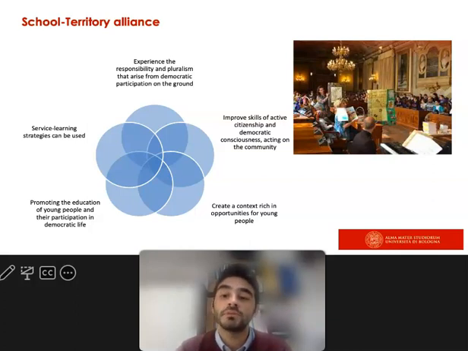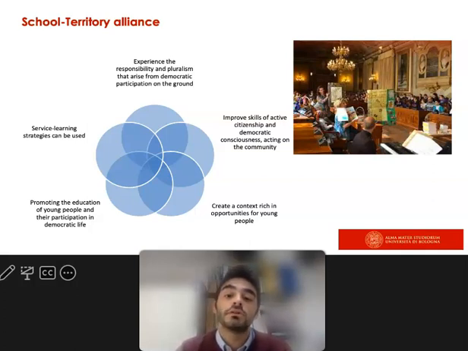At the same time, the community itself should also champion educational initiatives. In this way, it is possible to establish a true School Community Alliance, where various cultural agencies in the area, both public and private, such as museums, associations, archives, libraries, as well as municipal governments, are actively involved.